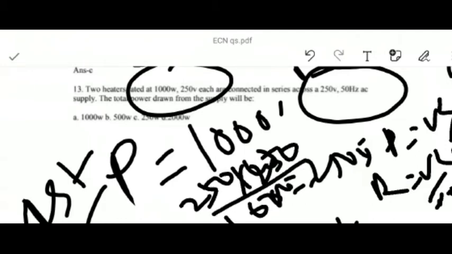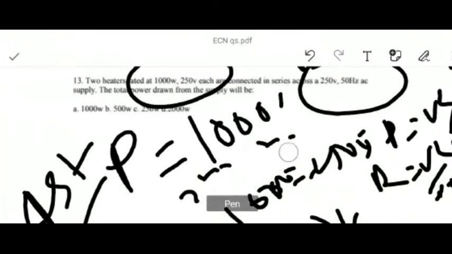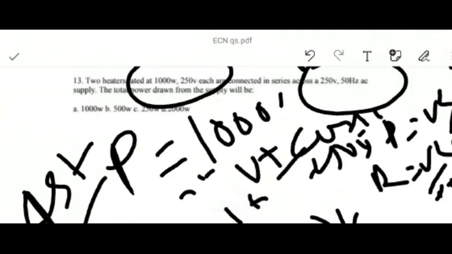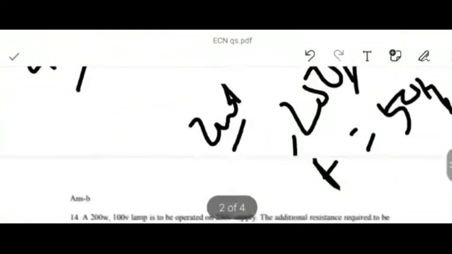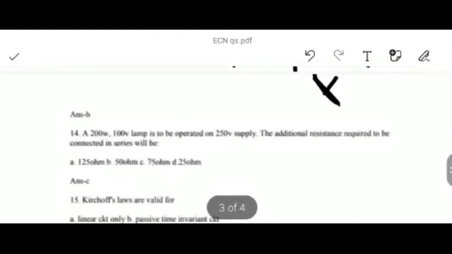When you calculate this, the resistance will come, and in the second case you should substitute this formula, VI cos phi. Then frequency is given, so theta you will calculate by this formula. So here option B will be the correct answer. When you calculate this, it will come. So option B will be the correct answer.